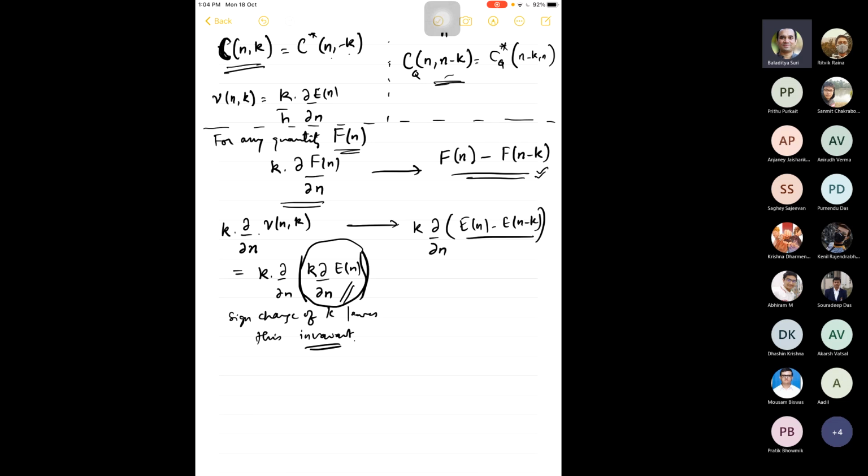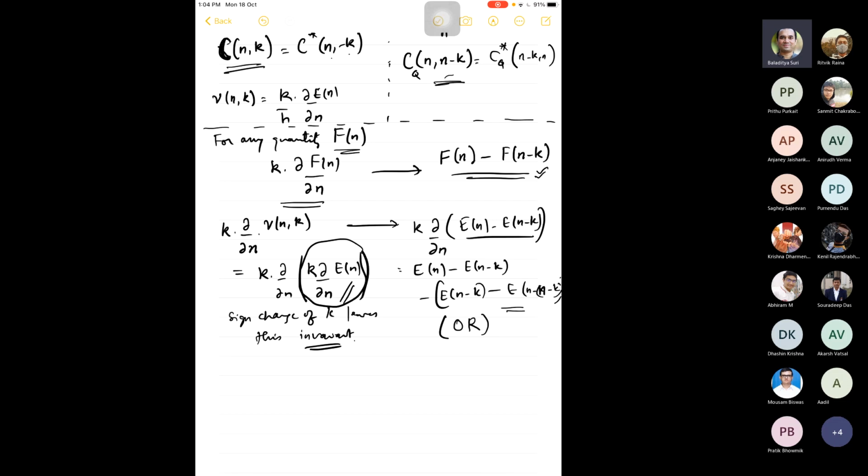Now if you just apply the rules of derivative, can't I write this as En minus En minus k minus En minus k minus E of n minus 2k? Can't I write it like that? This is one way to write a second difference. The second derivative in the continuous case, in the discrete case becomes the second difference.